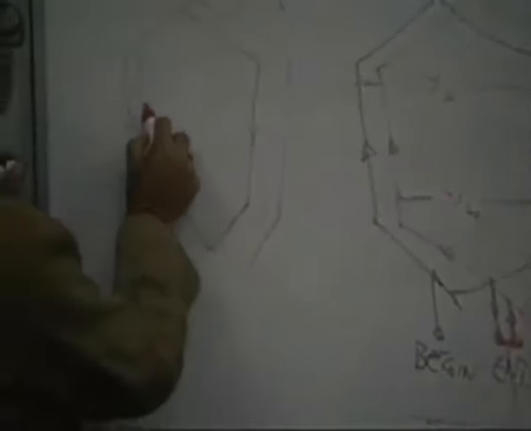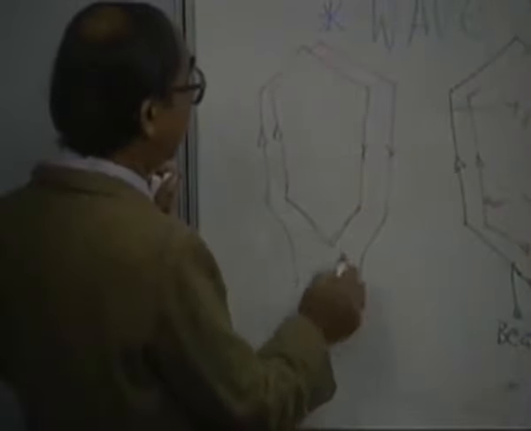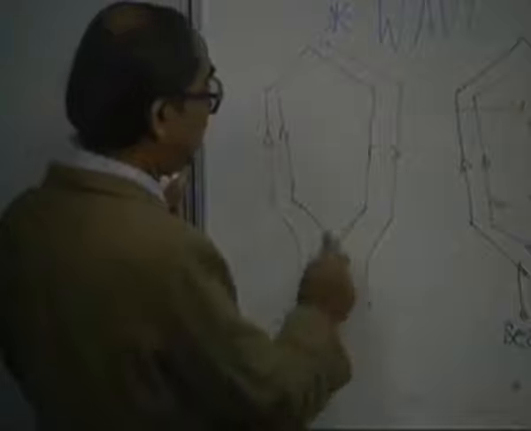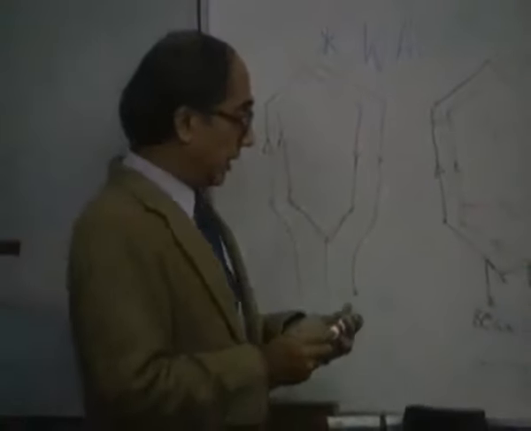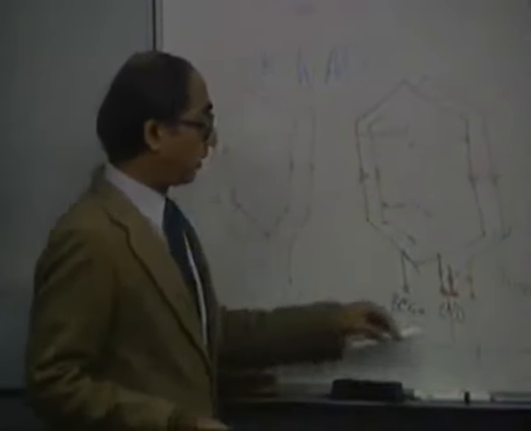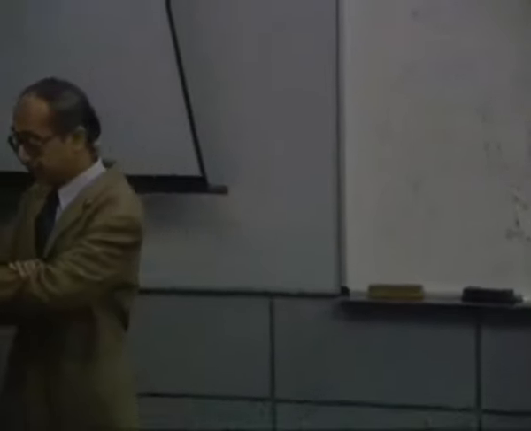So, this goes like this, comes like this, then goes like this and comes out like this. And all of them are connected to commutator segments. So, this difference we must know between the actual winding and the symbolic representation of the winding.